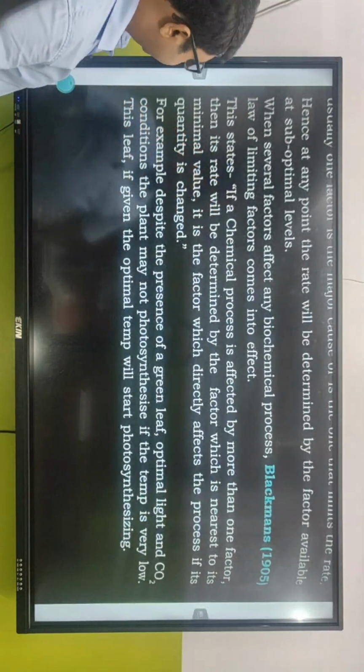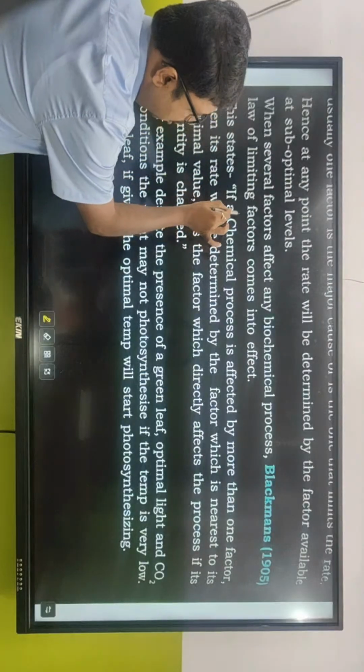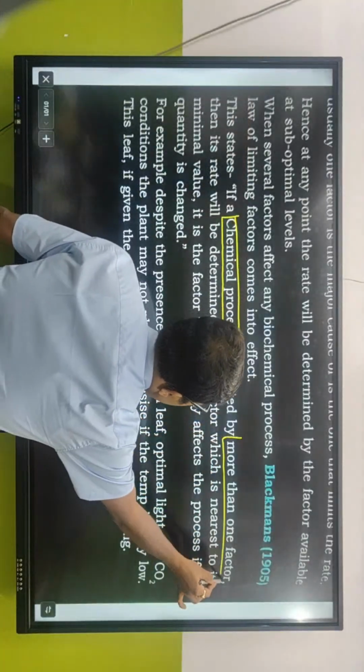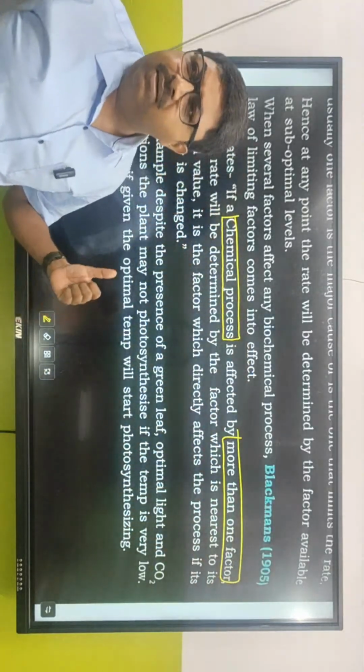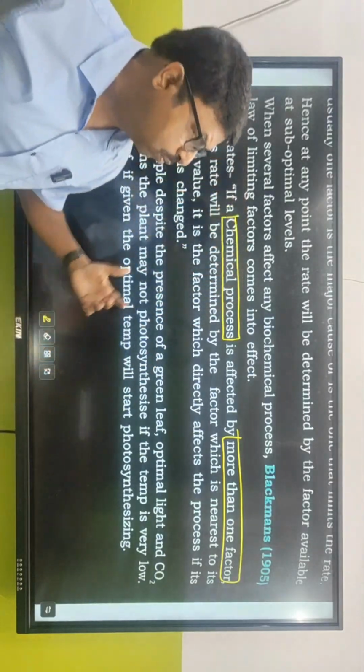The law of limiting factors comes into effect. This states, what the law of limiting factor states, if a chemical process is affected by more than one factor, যদি একটা chemical process একটা factor থেকে বেশি factor-এর উপরে depend করে, what happens?